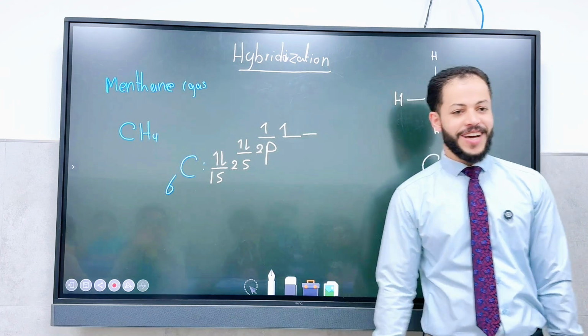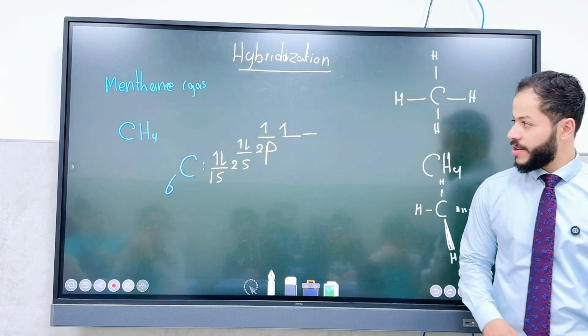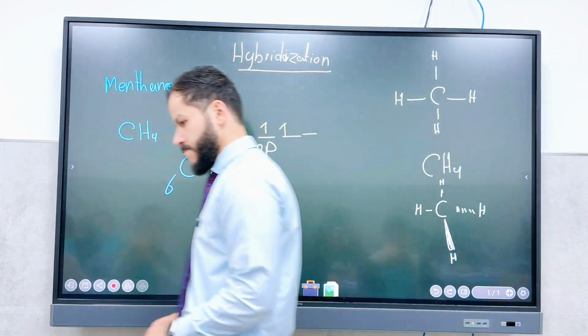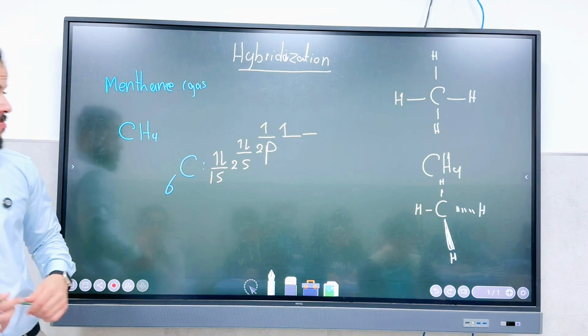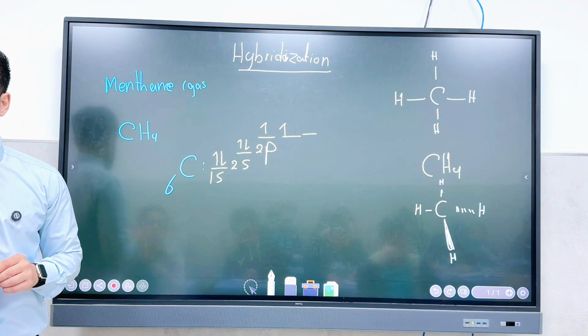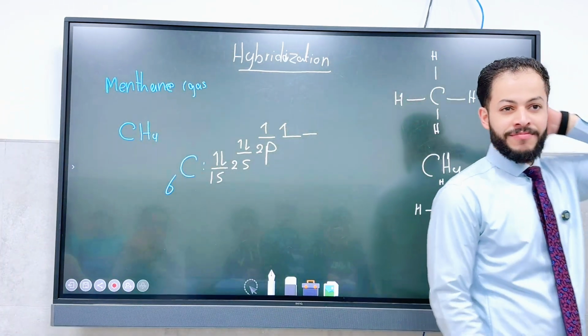Total 6 electrons. When we explained the covalent bond at the beginning of this chapter, how many single electrons are here? 2 single electrons, right? This means the carbon atom is capable of forming how many bonds? 2 bonds.